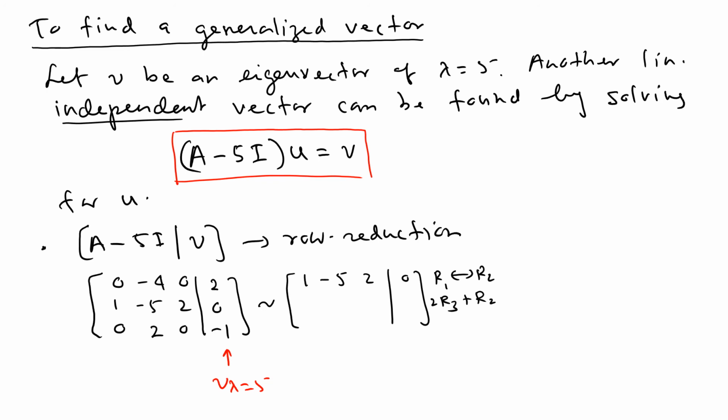If you do that, what's going to happen is you can see you get a 0. So you get 0, 0, 0, 0, and then you have 0, 2, 0, -1.